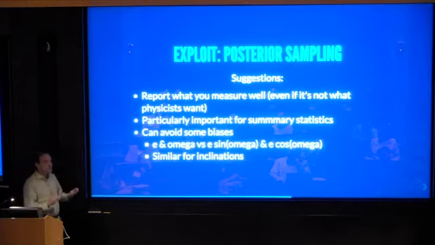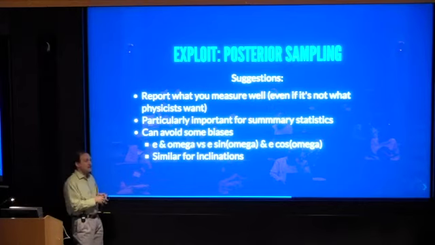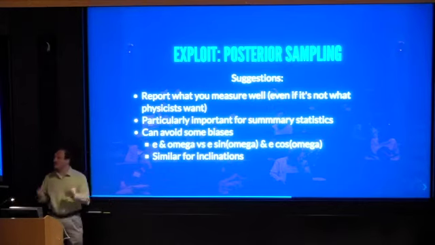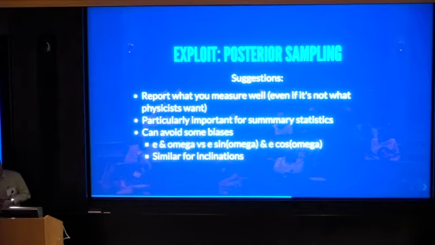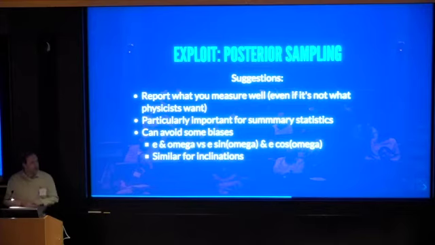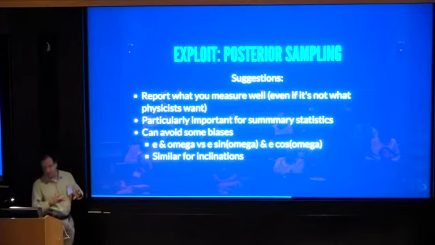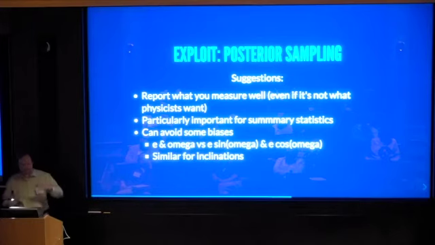If instead you summarize your data set in terms of e sin ω and e cos ω, now each of those can be measured as positive or negative, and regardless of which particular model you're using, you can have a method that's no longer biased and allows you to do scientific inference in a more responsible way. You can have similar effects for things like inclinations, in some cases even masses, parallaxes. We saw earlier people advocating treating it as measurements rather than estimates of the parameter you want.